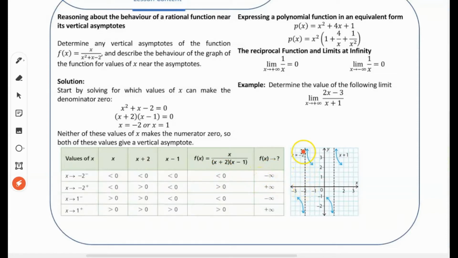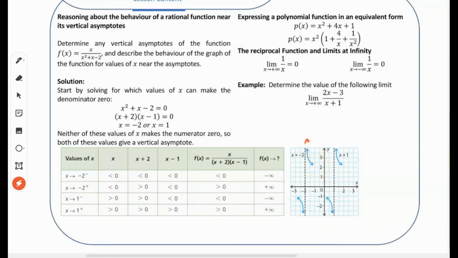What this looks like is, here I have this dotted line, our vertical asymptote at -2, and from the left, we get a value that's getting quite negative, so it's going down to negative infinity there. If we take a number that's slightly to the right of -2, like -1.9, and test it, it turns out to be positive in our function. So at that point, our function's approaching positive infinity, like this.